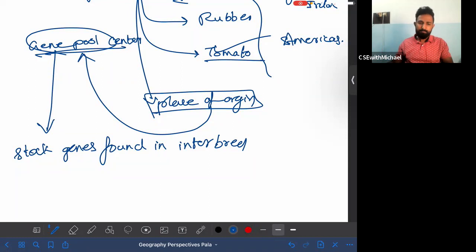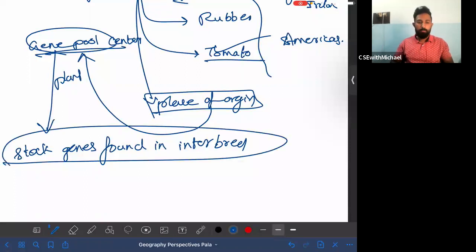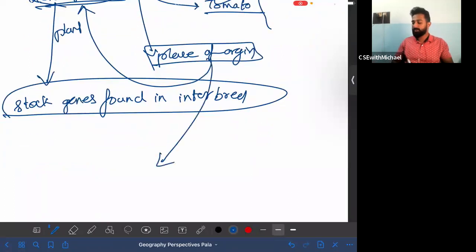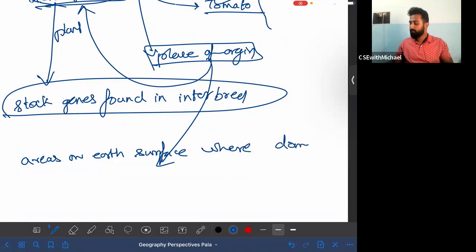Just like that, gene pool centers talk about plants. So a gene pool is the stock of genes found in an interbreeding or single population. Gene pool centers are the concept which talks about areas on the Earth's surface where the currently domesticated plant varieties have originated.